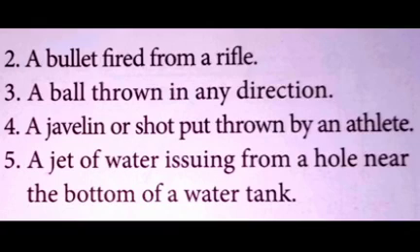Then a ball thrown in any direction, that is, if you are playing cricket or football and you kick or hit the ball, the path of the object reaching the ground is a projectile. Then a javelin or shot put thrown by an athlete. Then a jet of water issuing from a hole near the bottom of a water tank. So these are some examples of projectile motion which we see in our day-to-day life.